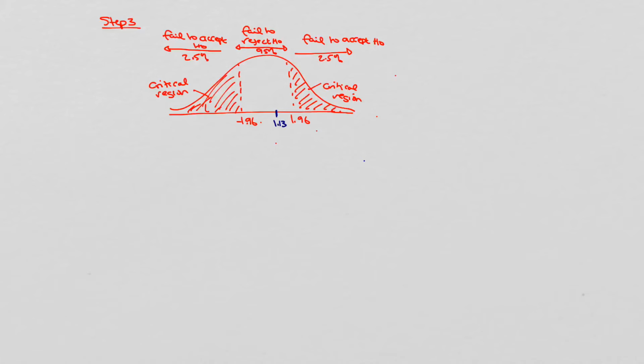And what we would say is 1.13 does not lie in the critical region. So it lies between minus 1.96 and 1.96, so we'd say minus 1.96 is less than our test statistic, and therefore we make our conclusion.